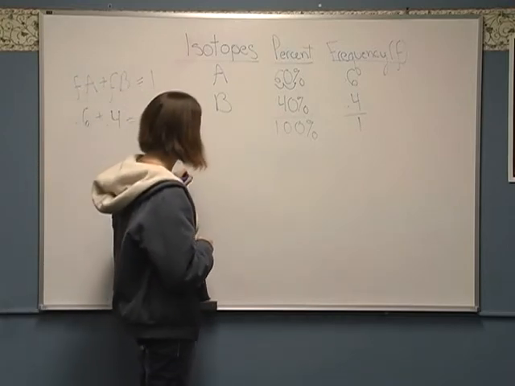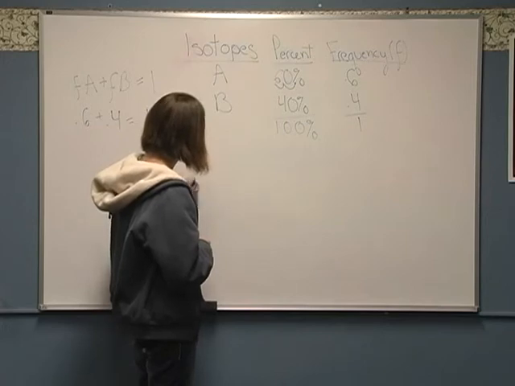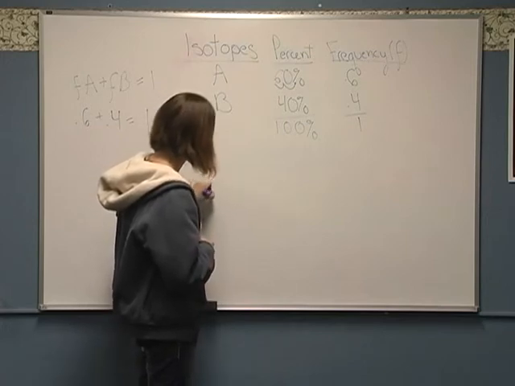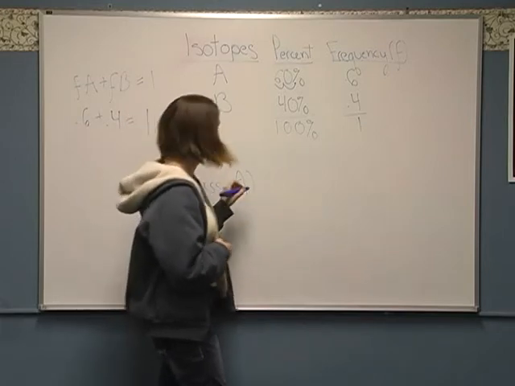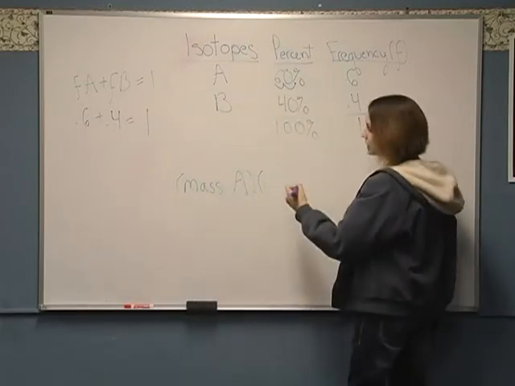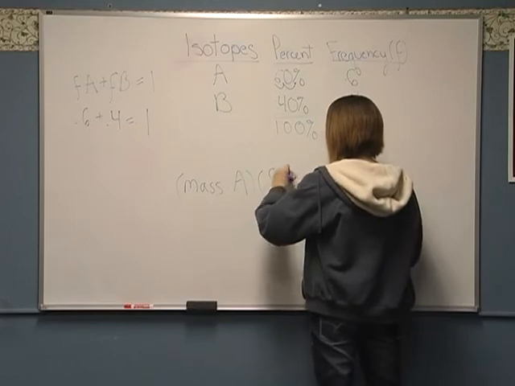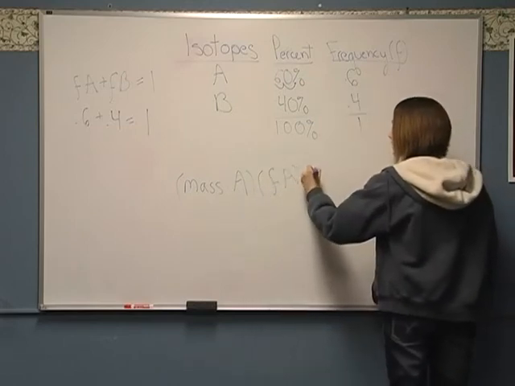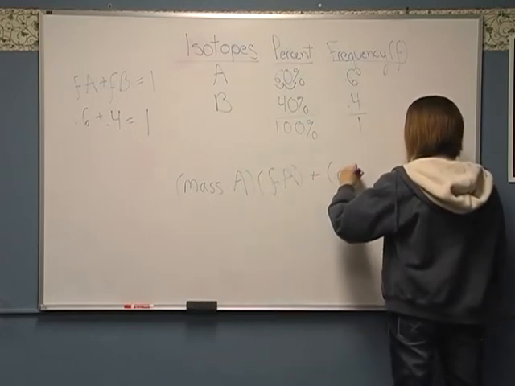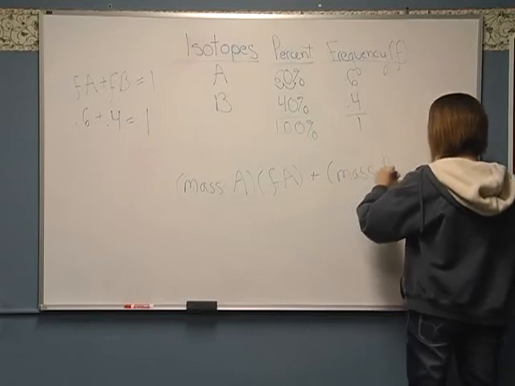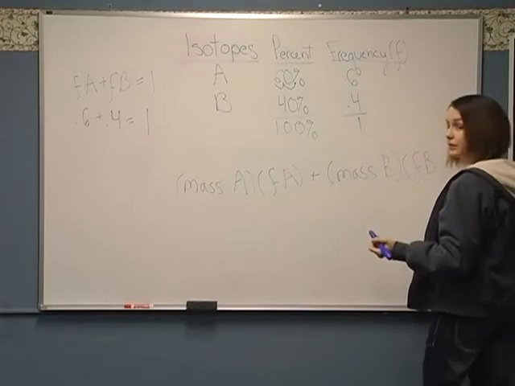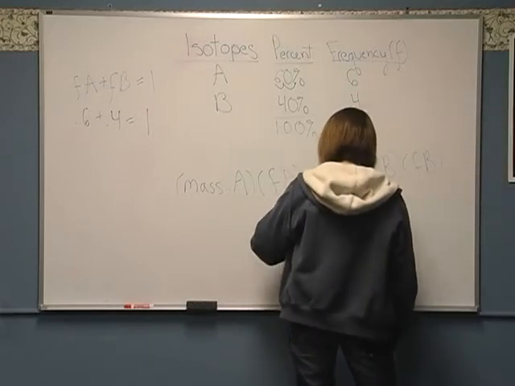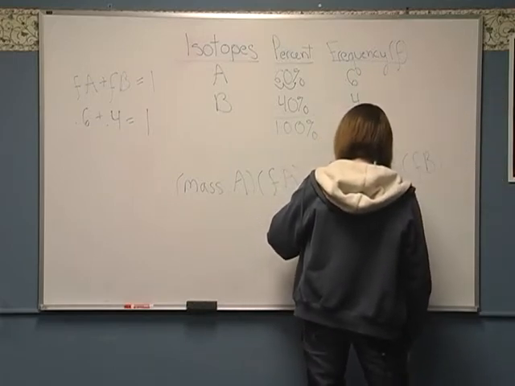So for this one, for example, we would have a mass of isotope A, we would take that times the frequency of isotope A, which we know is 0.6, and we would add that to the mass of isotope B times the frequency of isotope B. And these added together would give you the average atomic mass of the element.